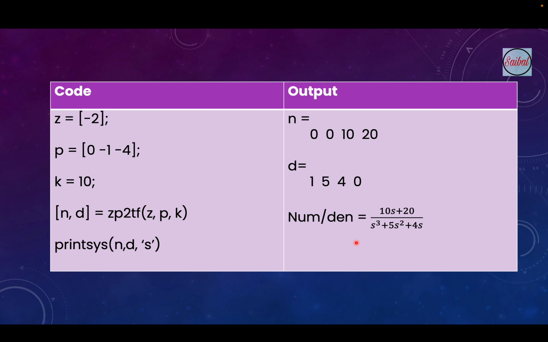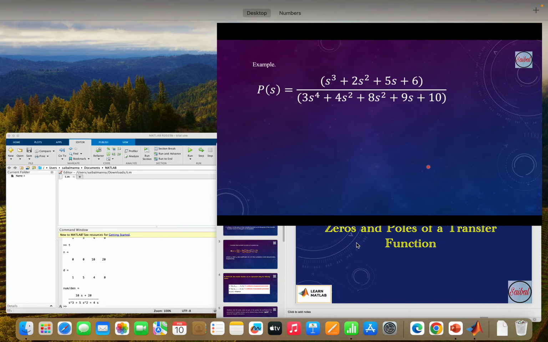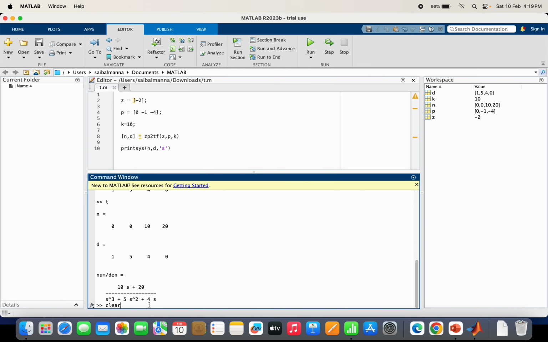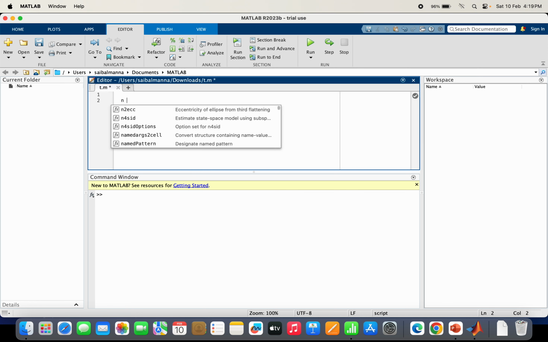Now we are taking one more example, that is s cube plus 2s square plus 5s plus 6 divided by 3s to the power 4 plus 4s cube plus 8s square plus 9s plus 10. Just write the numerator coefficients.